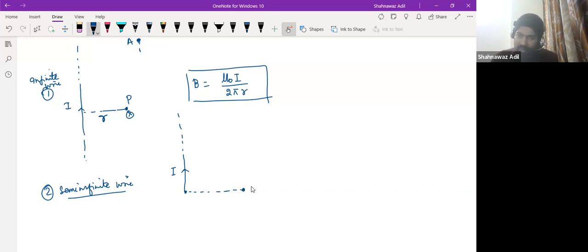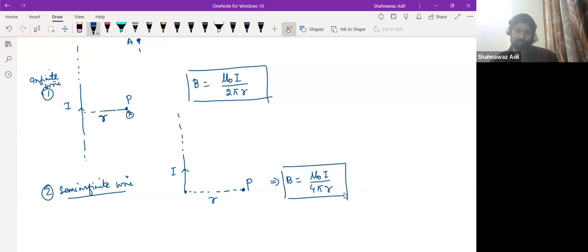So the perpendicular distance, let's say this distance is r. So again, this magnetic field would be mu naught I by 4 pi r. Is it clear to you? Yes, sir.